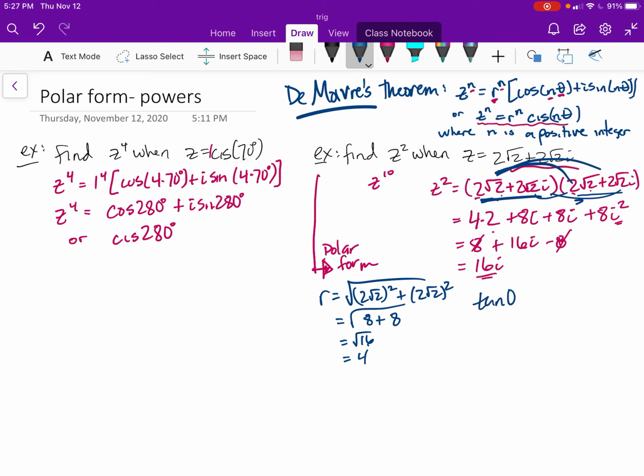I'm just going to stick with tangent. Tangent theta is b over a, 2 root 2 over 2 root 2, which is 1. And the angle that gives me tangent equal to 1 is pi over 4. We could have done a quick sketch to verify that, but if a and b are both the same, that's a 45-degree angle, or pi over 4. All right. So therefore, we have z equals 4 cis pi over 4.